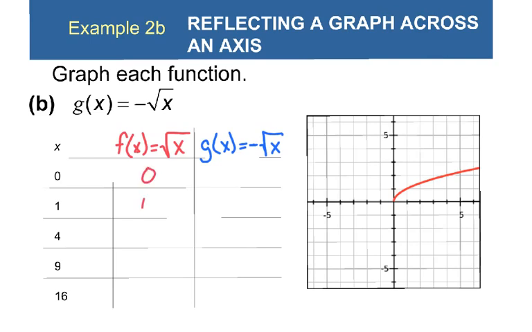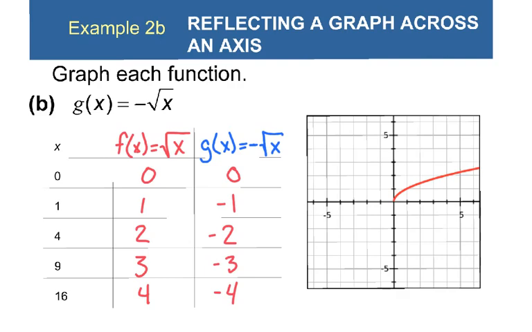It's going to be 0, 1, 2, 3, and 4. And then the negative square root of x for those values, they're all going to become negative because the negative is on the outside. I meant for all of those to be in blue, but let's pretend they are.